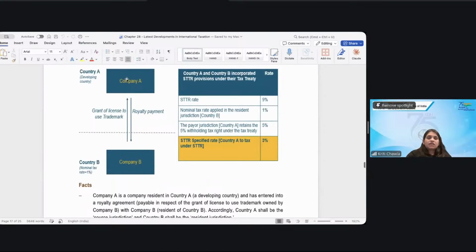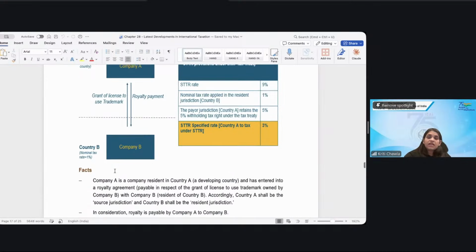Let's say that there is a company A in country A, which is a developing country, and they have entered into a royalty agreement with a company in country B, which is called company B. Accordingly, country A is going to be the source jurisdiction, and country B is going to be the resident jurisdiction.